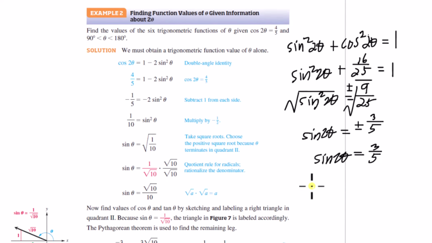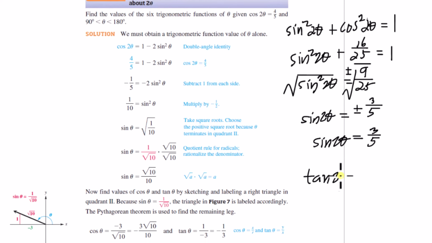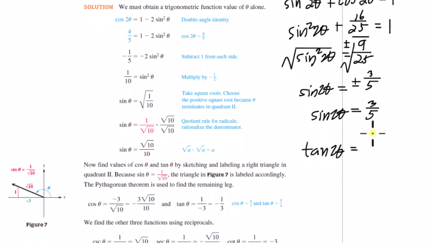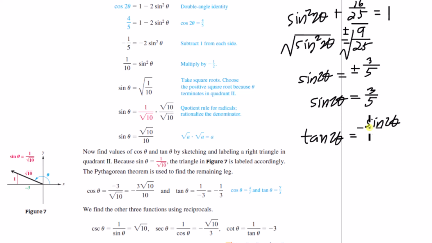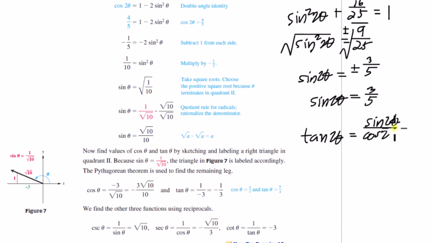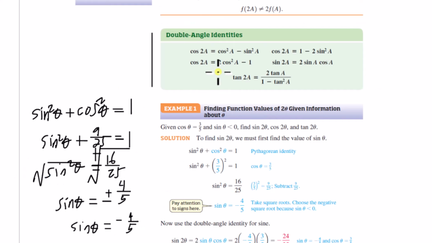Now tangent of 2 theta is sine of 2 theta over cosine of 2 theta. So 3/5 times, and then cosine of 2 theta, they gave us cosine of 2 theta, that's 4/5. So now we've got sine 2 theta, cosine 2 theta, and tangent 2 theta.